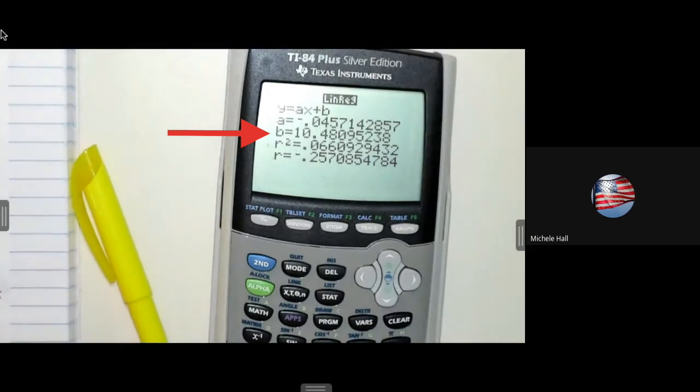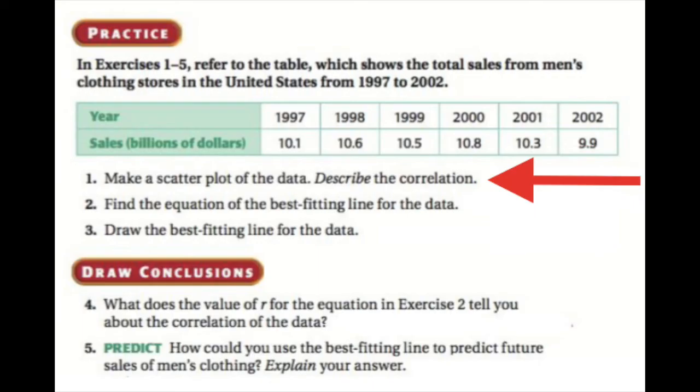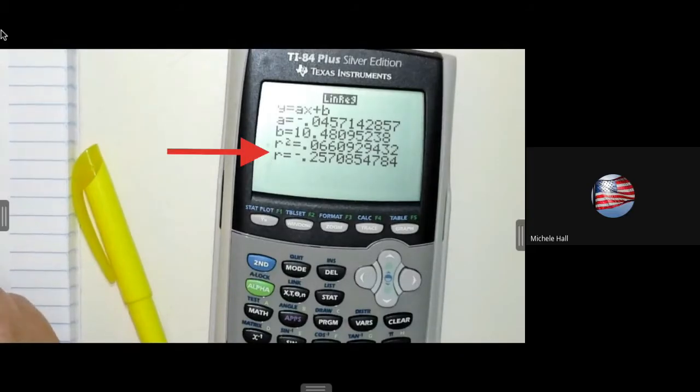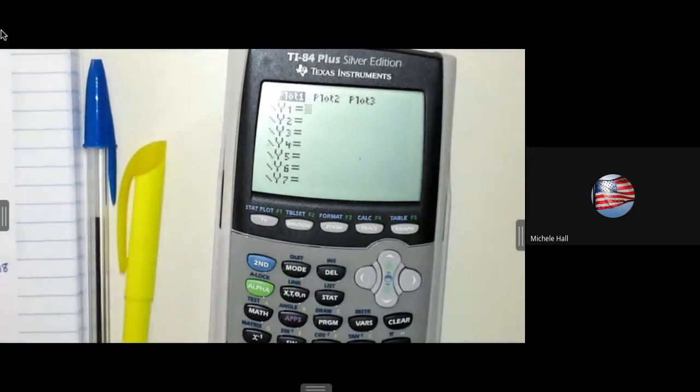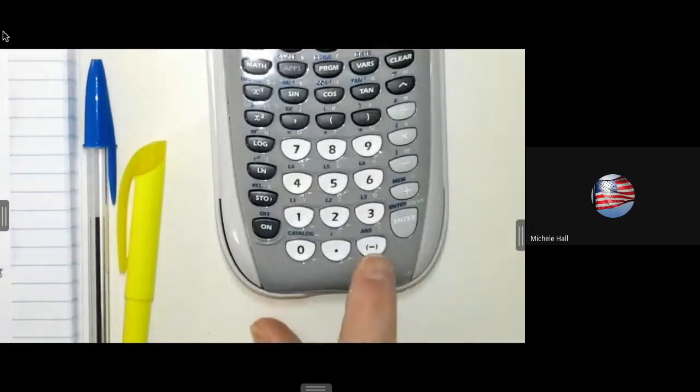And then I'm looking for something that says correlation. On 1, it says describe the correlation, so I'm going to put R equals negative 0.26. So let's talk about, make sure that you're using this negative sign down here when you're graphing, right? This is the negative.